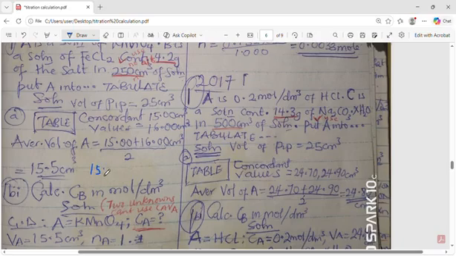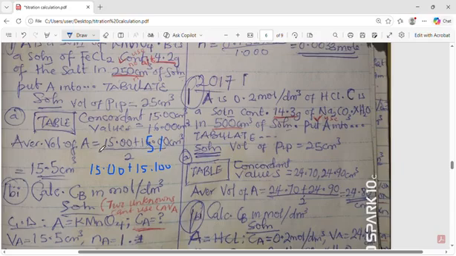Let's say 15.0 and 15.10, so that 16 is an error. Take note, we can't use such a thing. When we add this together, it will be 30.1, and the average of 30.1 will be 15.05. So that's your concordant value. Don't ever use 15 and 16, it's very wrong.